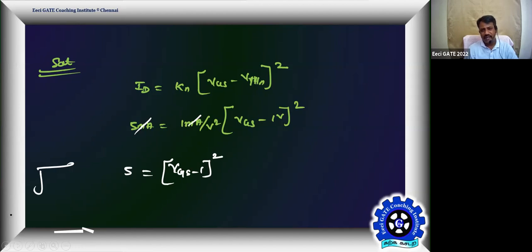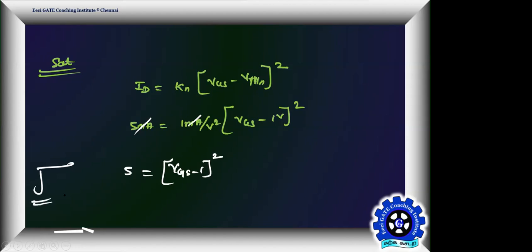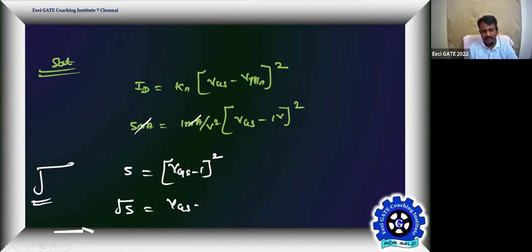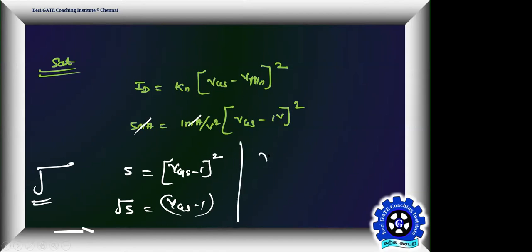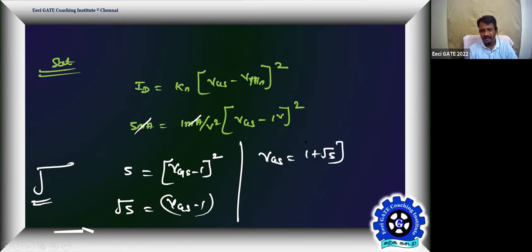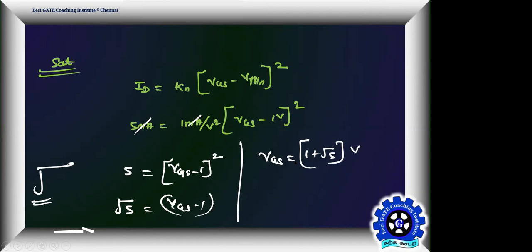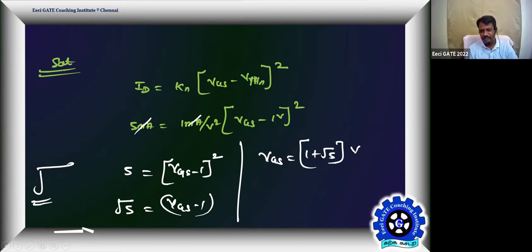That is more intelligent play, right? Then what is the result? Root 5 is equal to VGS minus 1. The problem is over instantly. Why unnecessarily go for two roots? Then what is your answer? What is root 5?